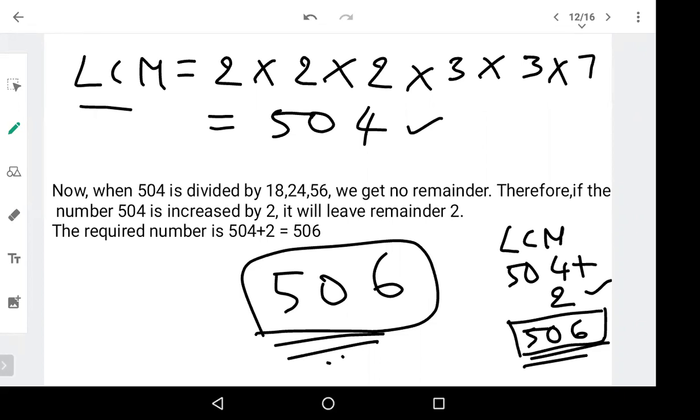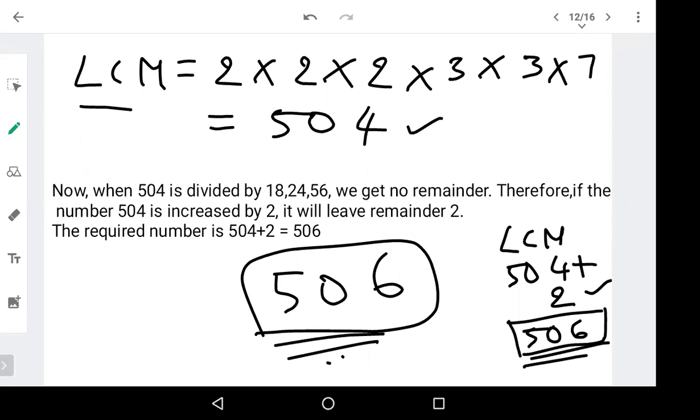Yeah, I will repeat it, Aishu. Now in this problem, it's an LCM problem. They have asked us to find out the least number which when we divide by 18, 24, 56, we are supposed to get remainder 2.